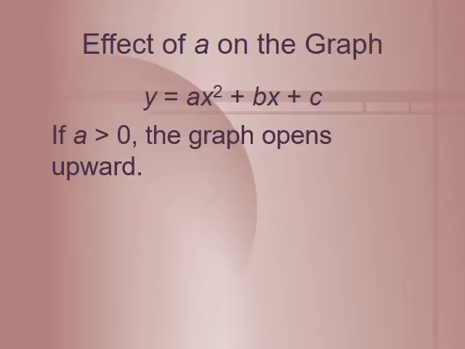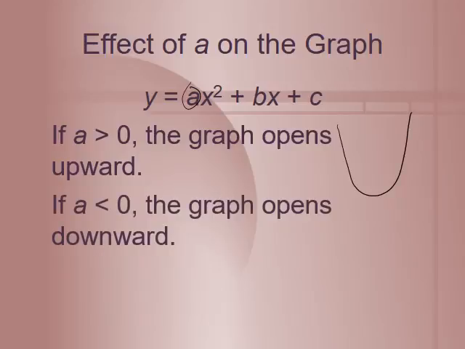Now, whenever we change things around, if a is greater than 0, so if this number is a positive number, then the graph is going to open upward like this. If it's a negative number, it's going to open downward like that.